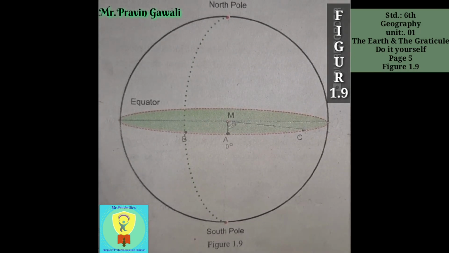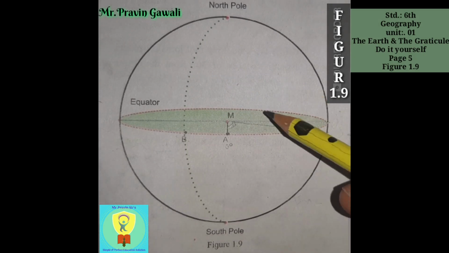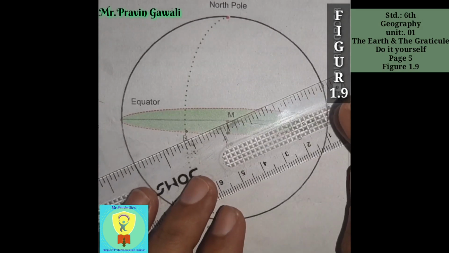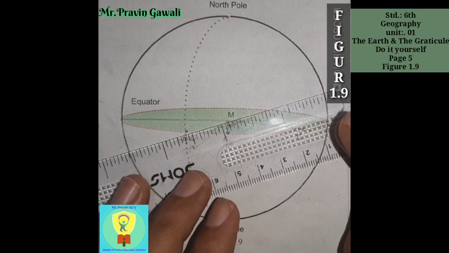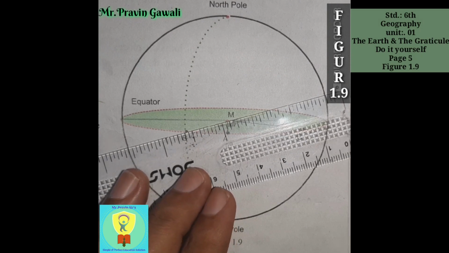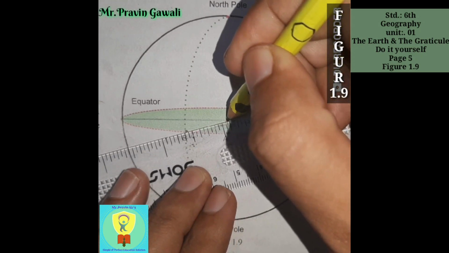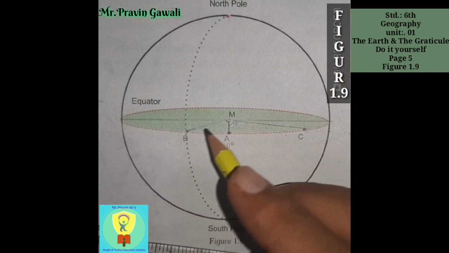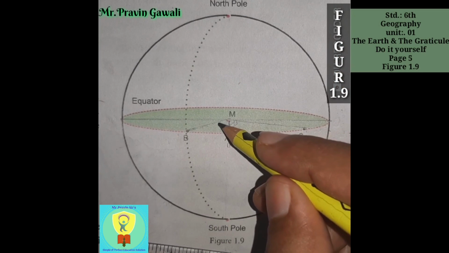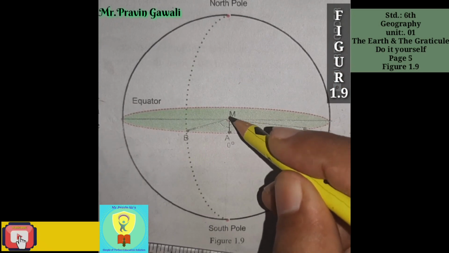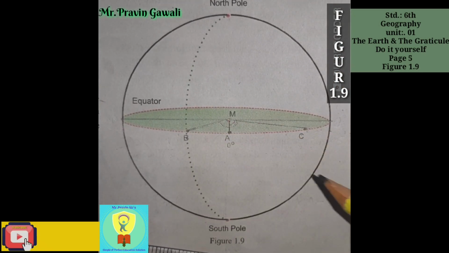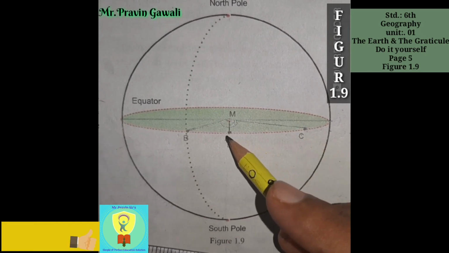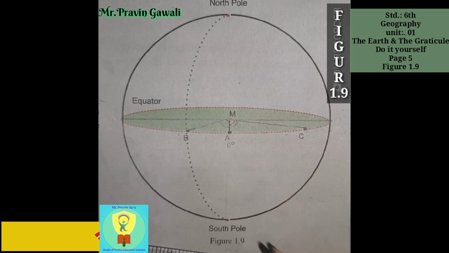Before measuring, we will draw the second line that is asked, to join M and B. Do not make a hurry, you can draw it easily. So we have joined the line MB. Again one angle is formed, that is AMB. So we now have two angles, AMC and AMB, and we have to measure both.